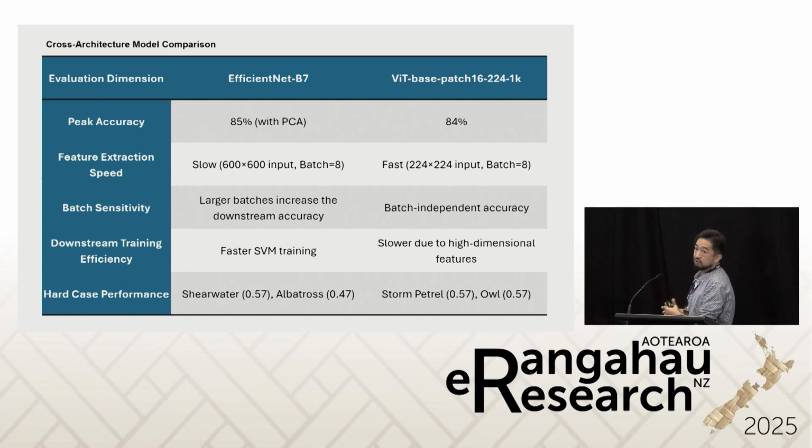Both models achieved similar accuracy on the test data set, but there are some differences. The ViT model is faster at the feature extraction stage, but EfficientNet is faster when training the downstream classifier.